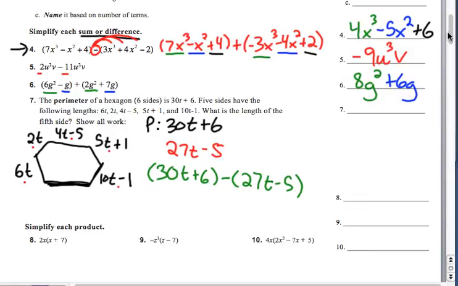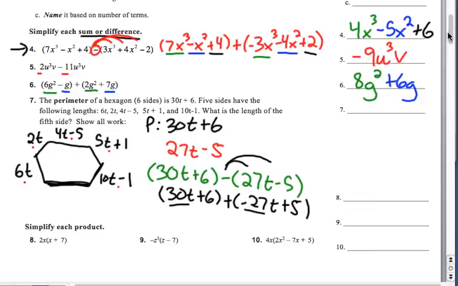When you're subtracting, the best thing you can do is rewrite it by distributing that negative, because that's going to make it much less likely to confuse your signs, because now you have it written exactly as you need it. So 30t minus 27t is 3t, 6 plus 5 is 11.